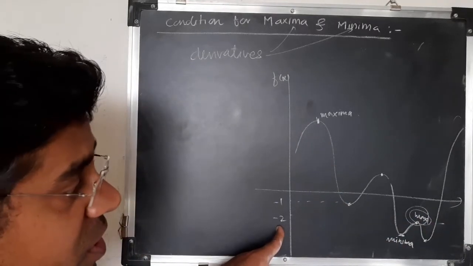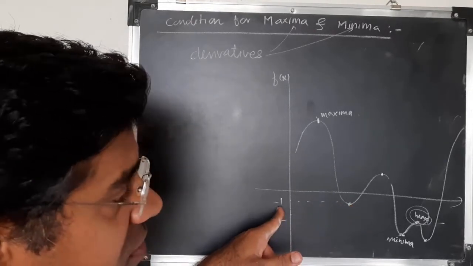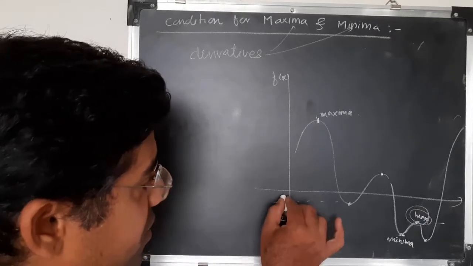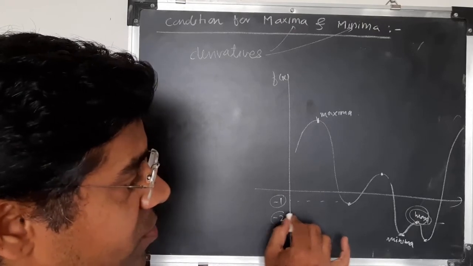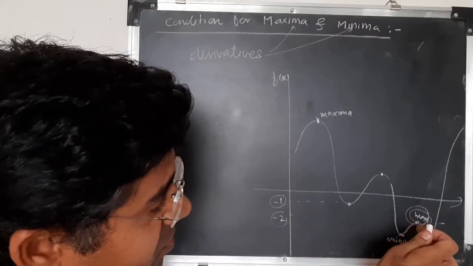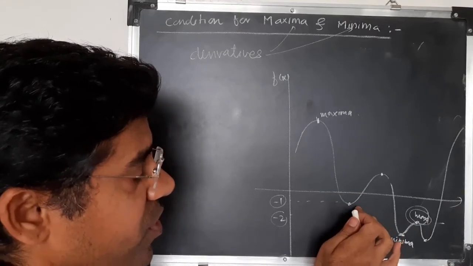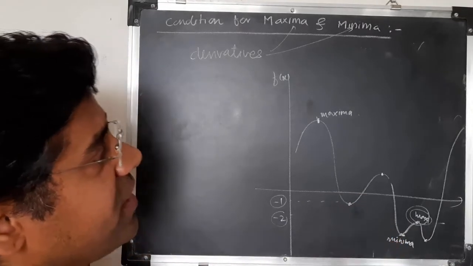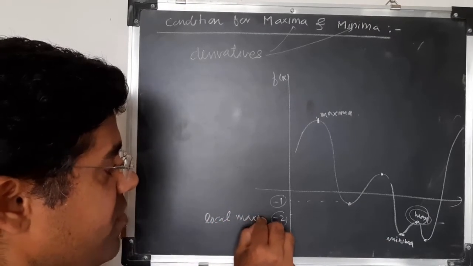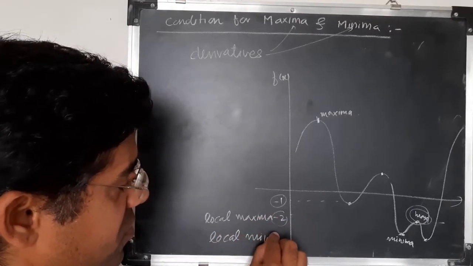This is minus 2, but here you get a local maxima of minus 1. Minus 1 is greater than minus 2, so sometimes the value of a function at a maximum point is less than at the minimum point of that function. At that time we use the words local maxima and local minima.